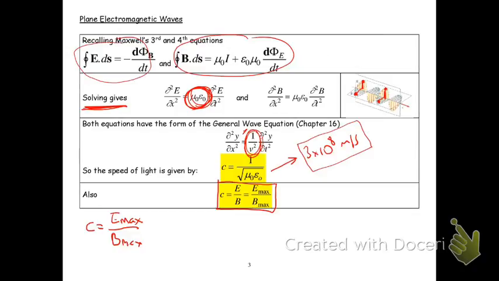And then we said, well, okay, if we take Maxwell's equations and play with these, we can pull it out of a hat. Solving for these 2 Maxwell's equations, which are Faraday's law and Ampere's law, we get this wave equation that comes out.